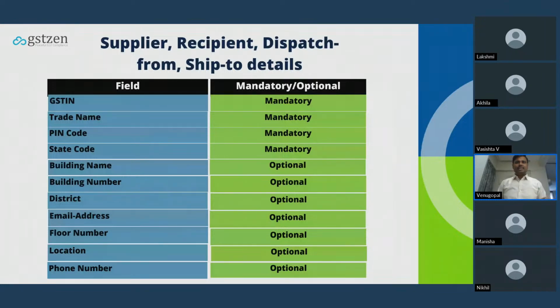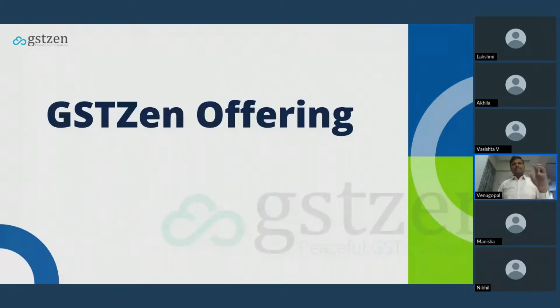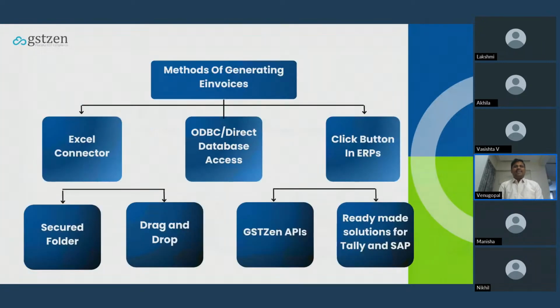Now, the theory is over, let's understand practically how this happens. At GSTZen, we have an Excel connector, wherein you do data entry in Excel, or you have a database connector directly through ODBC or whichever database, the data can be accepted.